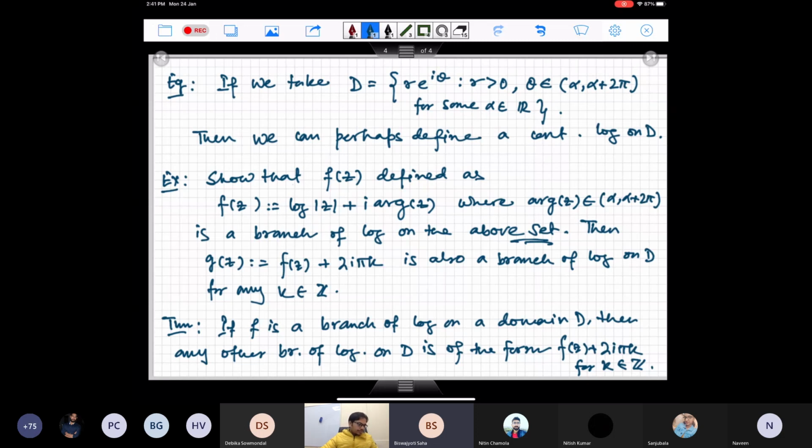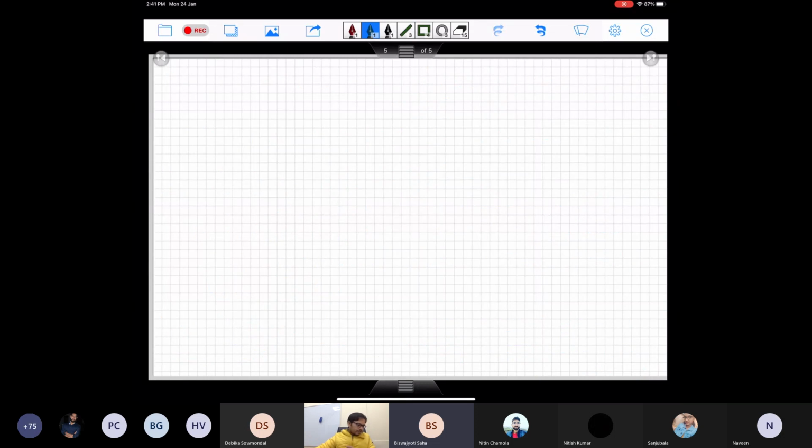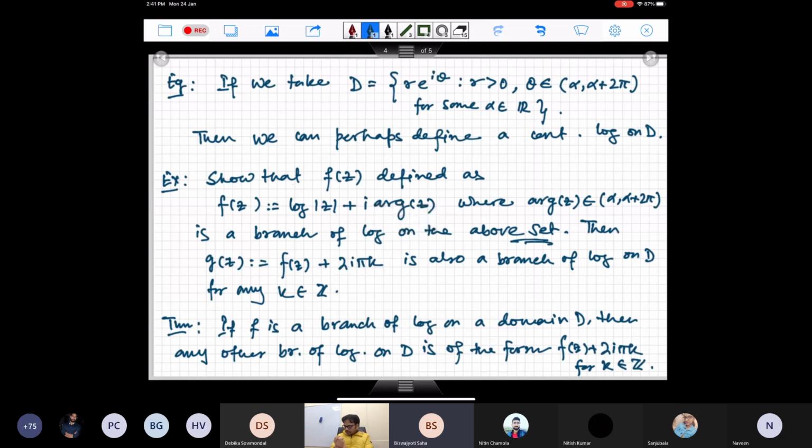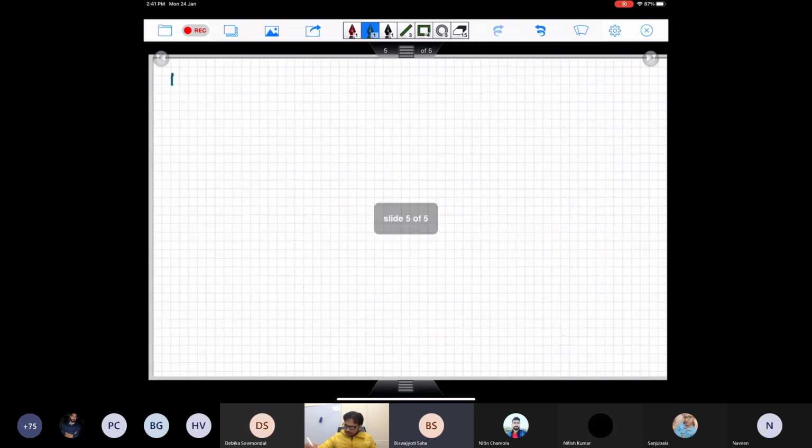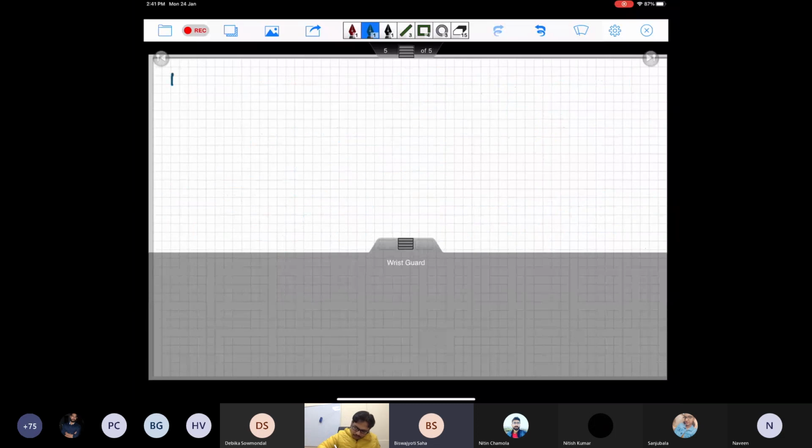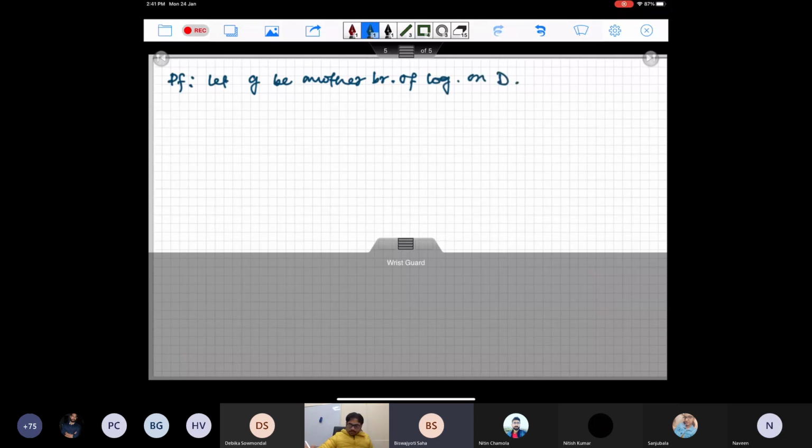Okay, so how do I do this? Let's get to the proof. Let g be another branch of logarithm on D. So I'm starting with another branch of logarithm.